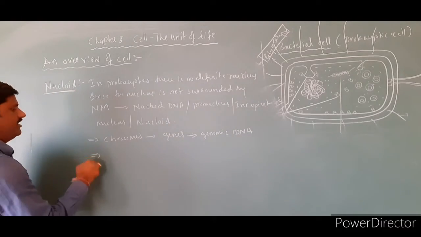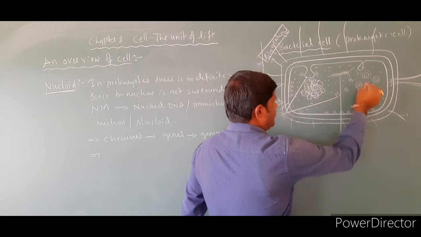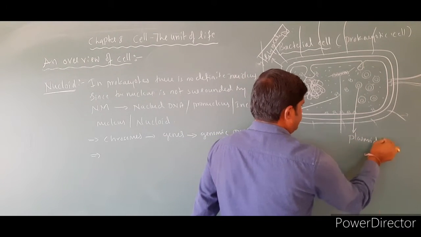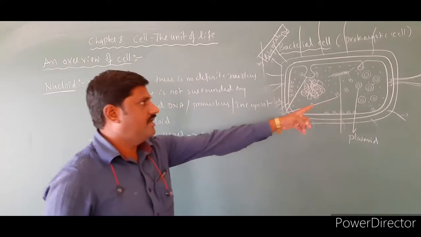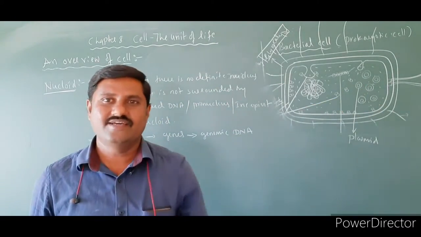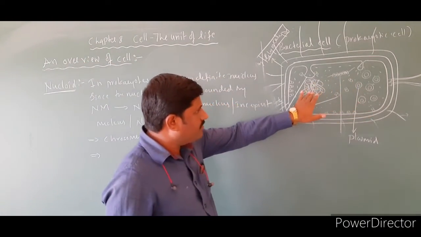So here you are observing some circular structures. These are nothing but plasmids. These plasmids are circular DNAs, right? So these are lying away from this DNA.